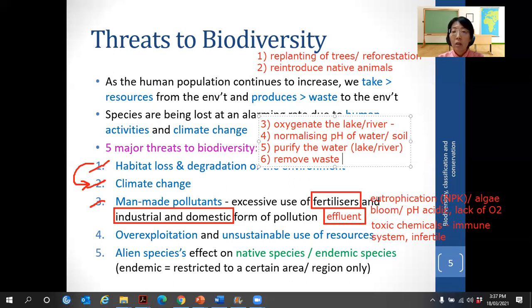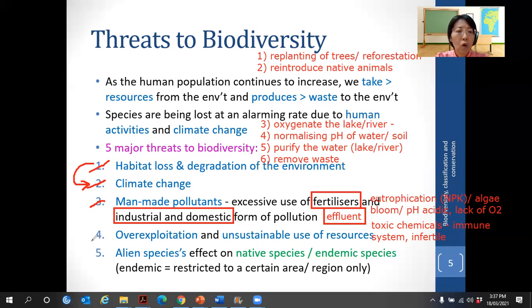All these are the waste. And then this waste may threaten the aquatic organisms, right? So you want to actually remove the waste directly, right? Even the ships, with oil spillage that will pollute the sea. So you also want to clean away the oil spill. So this is called removing the waste directly. Okay, so that is to handle threat number 3.